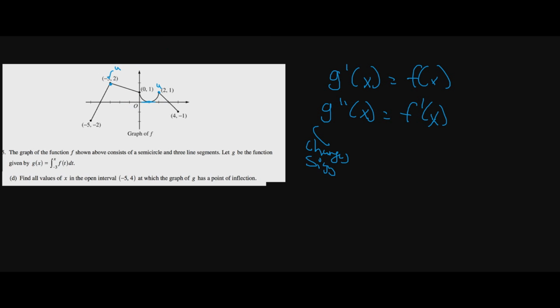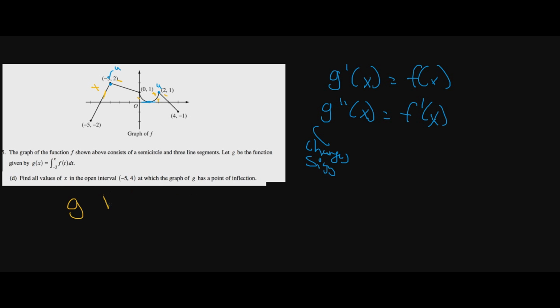Well, when does it change signs? Well, the instant slope right here is positive to negative. Well, here it's from negative to positive. This goes from positive to negative. So if you think about it, all of these points are points of inflection because your second derivative changes sign. So find all the x values in the open interval which g has a point of inflection.